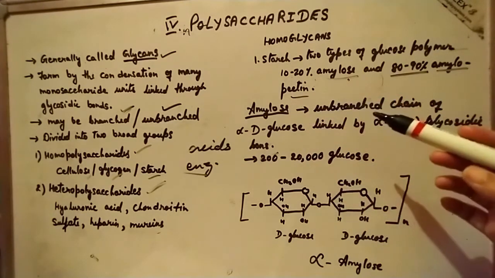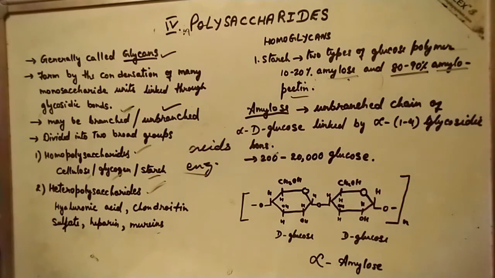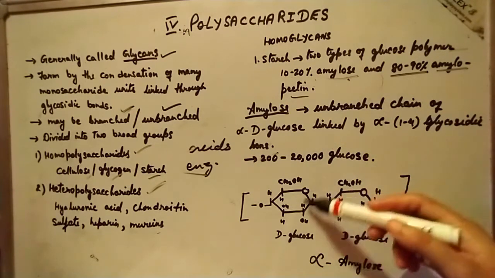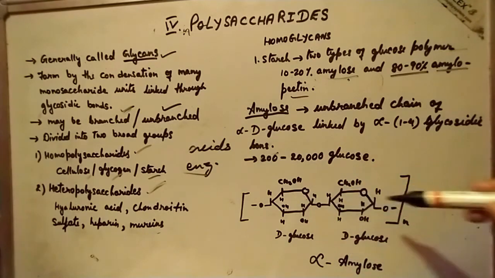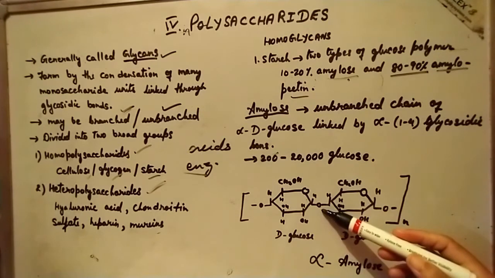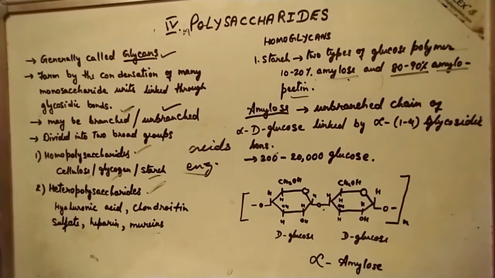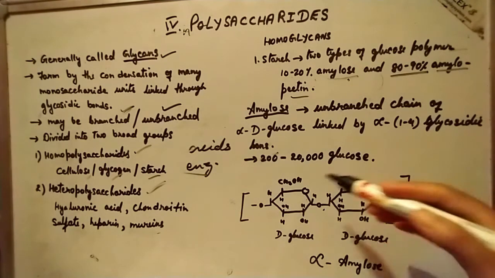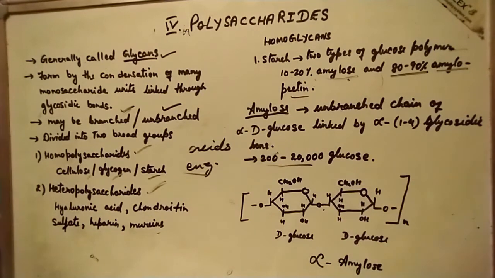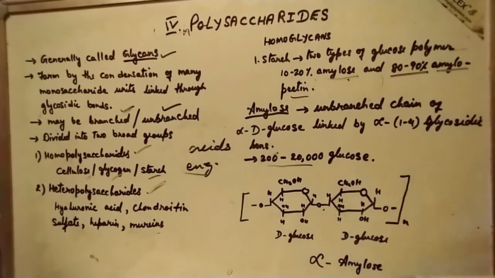So amylose is an unbranched chain of alpha D glucose. That means the chain is unbranched. It is a linear chain of glucose linked by alpha 1,4 glycosidic bonds, and this molecule contains about 200 to 2000 glucose units, which make a helical structure due to the bond angles.